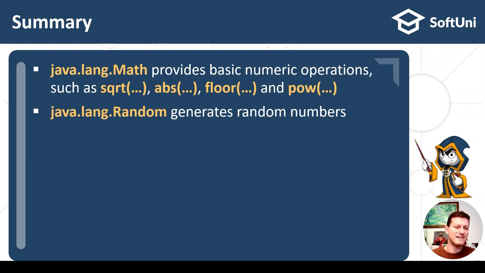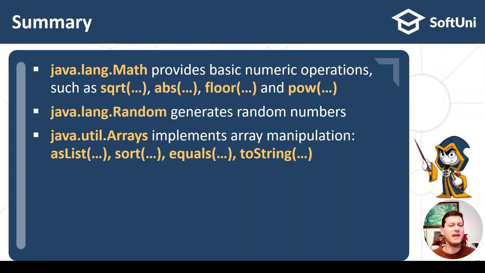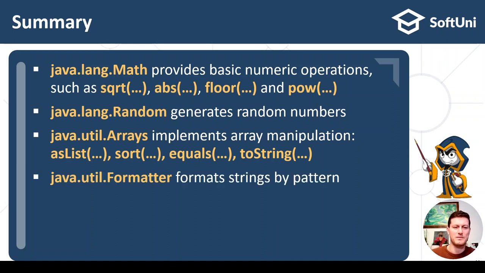You can generate random numbers within a certain given range. Java's Arrays class implements array manipulations such as sorting, equals of arrays, and toString for arrays, and it works with arrays of primitive and non-primitive types. And when you work with primitive types, beware that sorting and some other things may not work as expected.